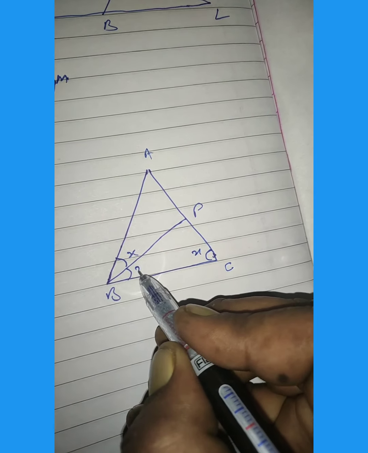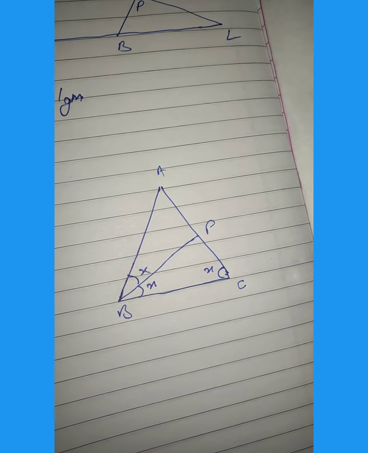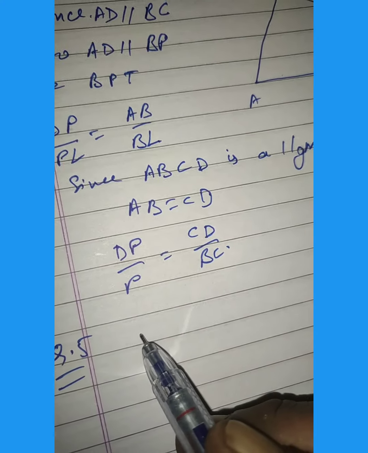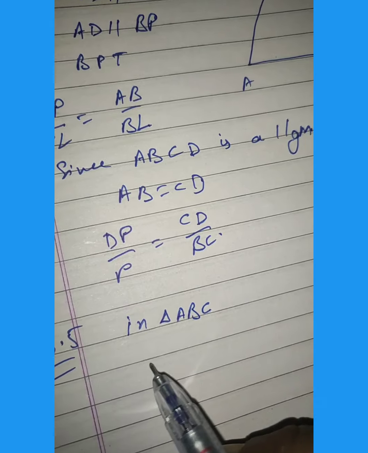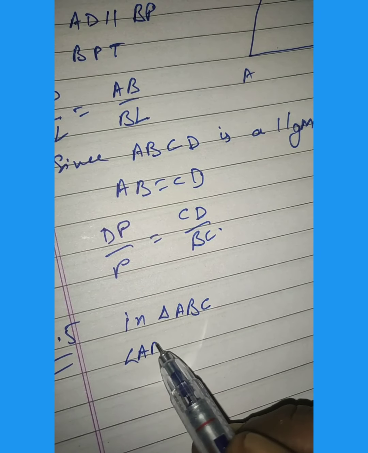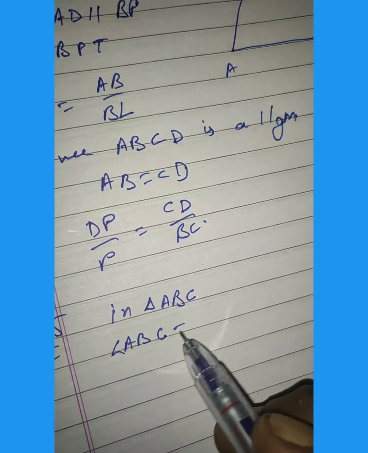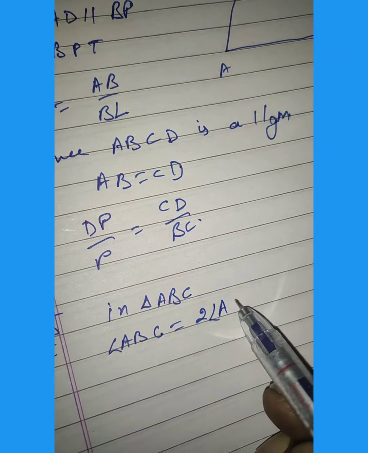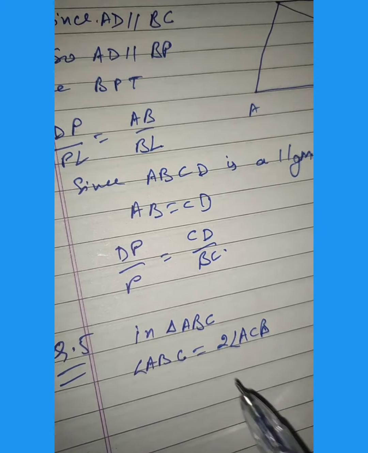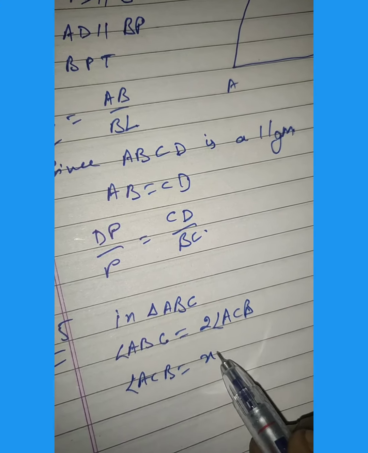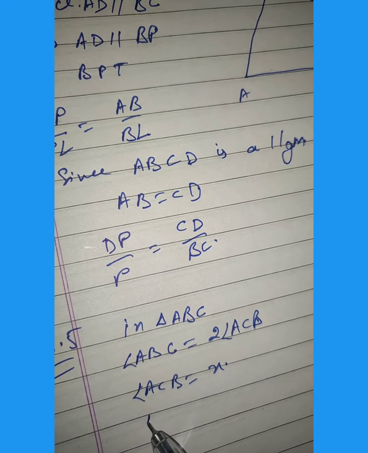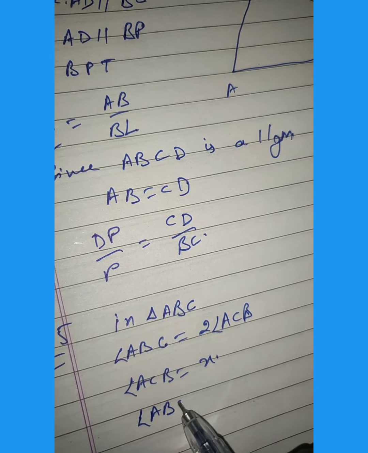So in triangle ABC, angle ABC is double of angle ACB. This is given to us. Since angle ACB is X, angle ABC is 2X.